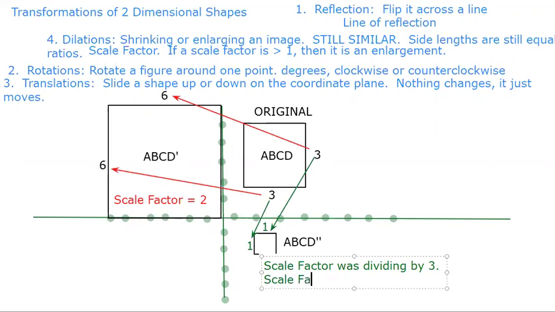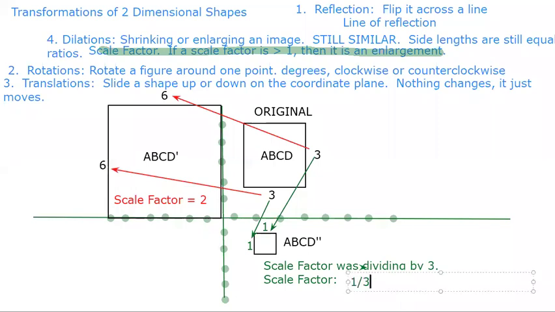So the scale factor, it shrunk, so it's less than 1. If it enlarges, it's greater than 1. If it shrinks, it's less than 1. Something less than 1 is a fraction, yes? So the scale factor is 1/3. We divide it by 3, so it's 1/3. And that's your dilation.